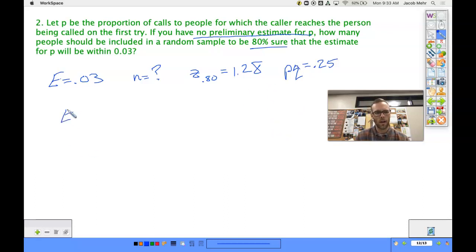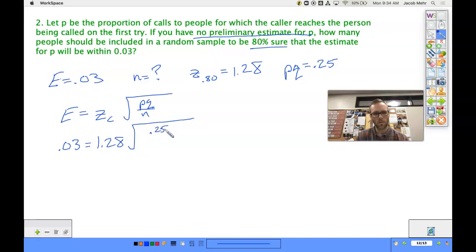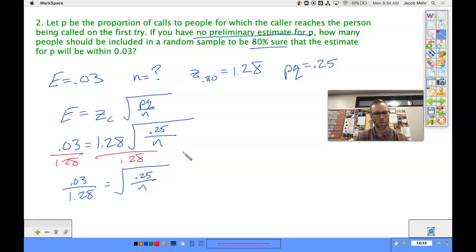So here we go. Error equals critical z-score times the square root of PQ over N. Our error is 0.03. Our z-score is 1.28. P times Q, we're going to say, is 0.25 over N, and let's solve for N. Divide by 1.28. Square both sides.